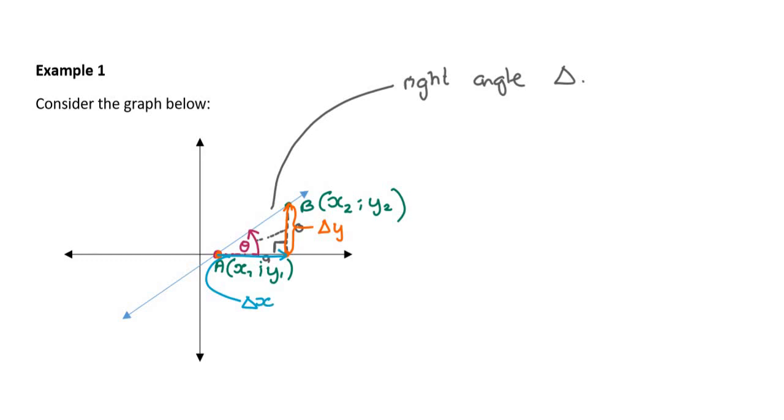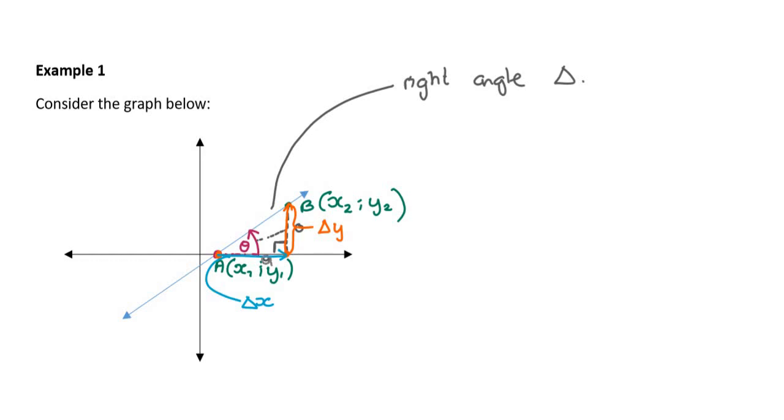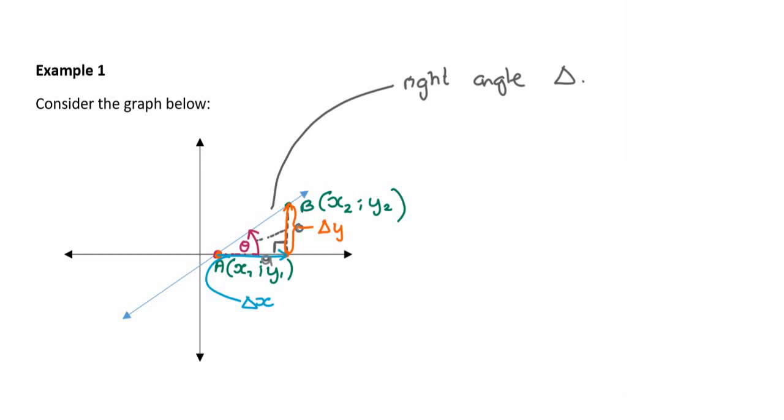So if I think of this as a little right angle triangle, my adjacent side is how far I've gone along the x-axis. So that's change in x. My orange side, which is actually my opposite side, is how far I've gone up, which is change in y.